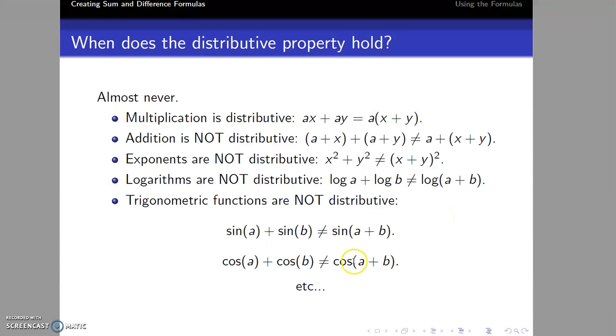And we'll see in just a minute what they are, how we can handle sine of a plus b, or how we can handle cosine of a sum. But it's not just a straight substitution. In fact, remembering the distributive property has a full name, and that full name is the distributive property of multiplication. You can only distribute things that are being multiplied on.